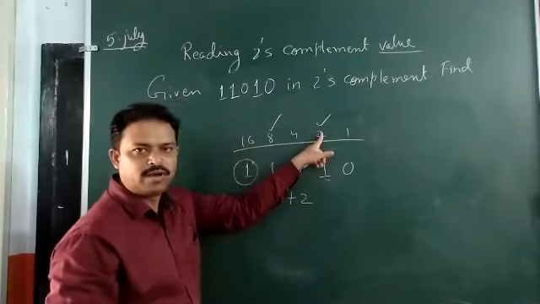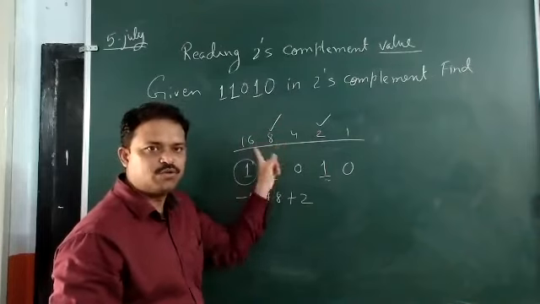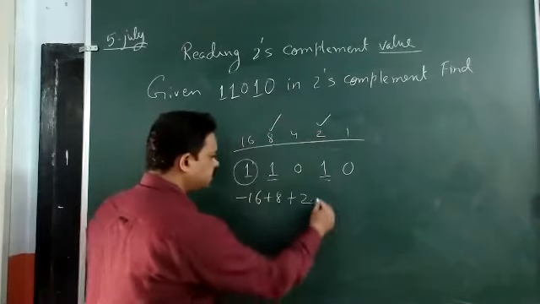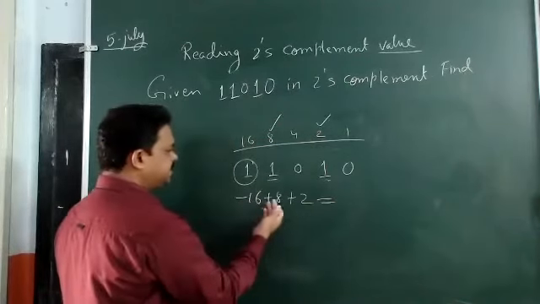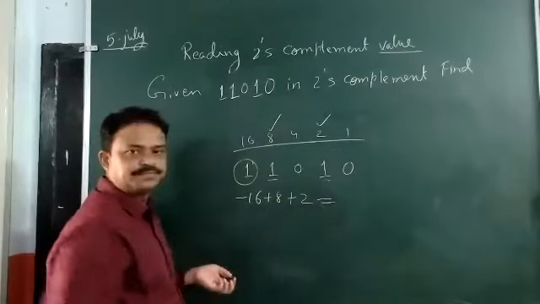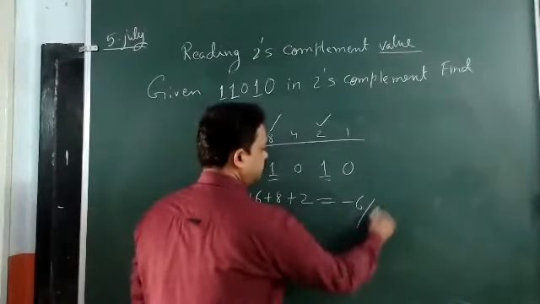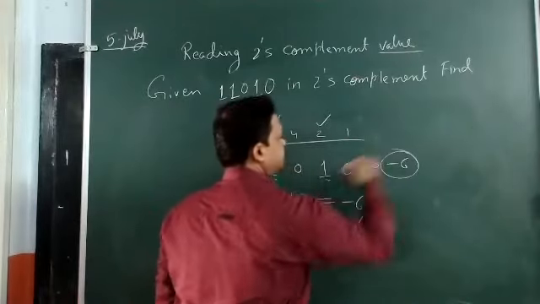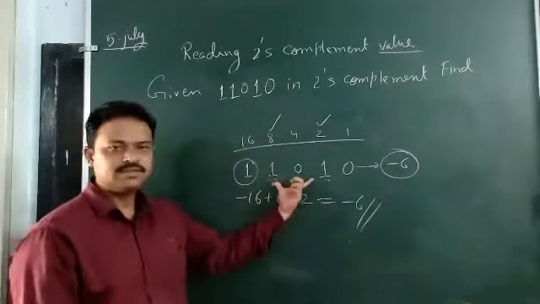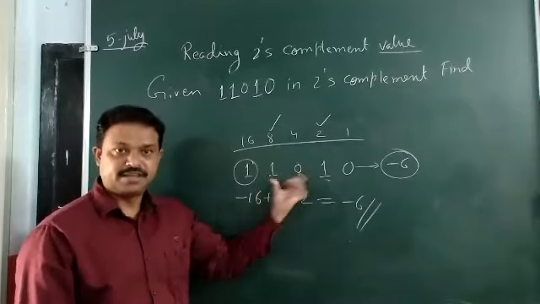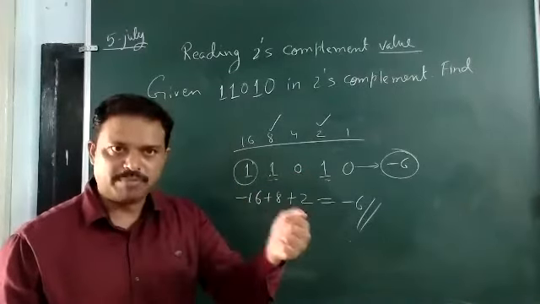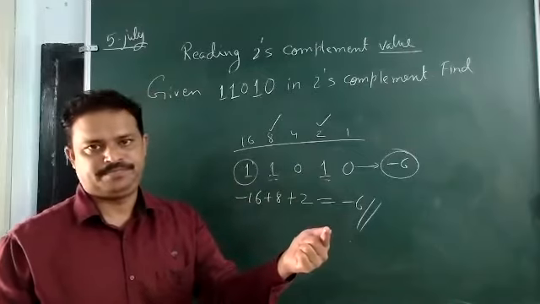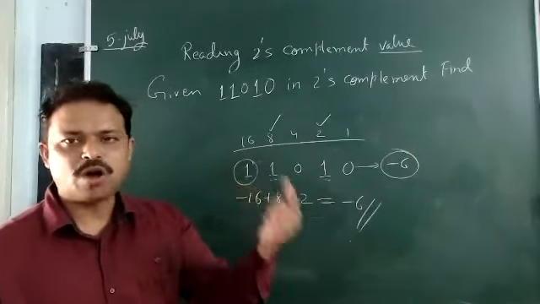We will add those values. Now solve it. -16 plus 10. So this is nothing but -6. This value is -6 in 2's complement form.